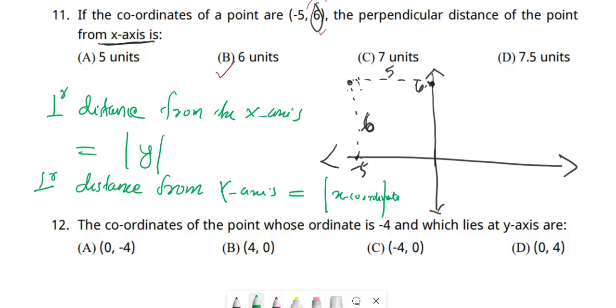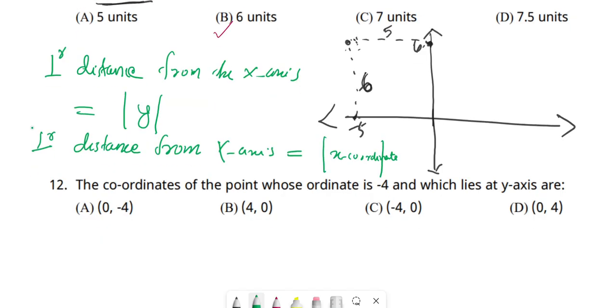So here perpendicular distance from y axis is 5 and perpendicular distance from x axis is 6. You can write like this.